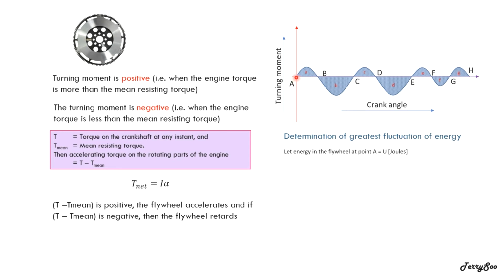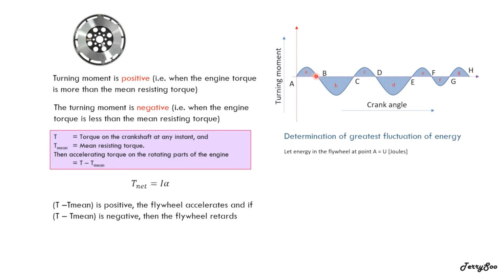At point A, let's give it an unknown amount of energy, U joules. It can be 10,000, 20,000, 30,000, or 100,000 joules of energy at the beginning of the flywheel.